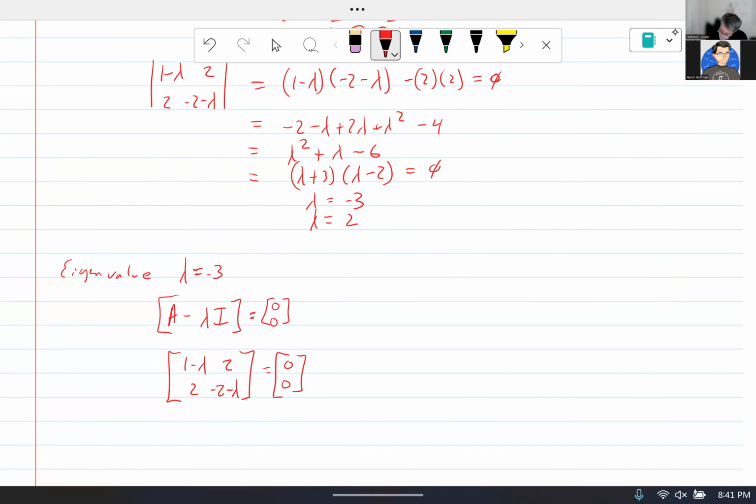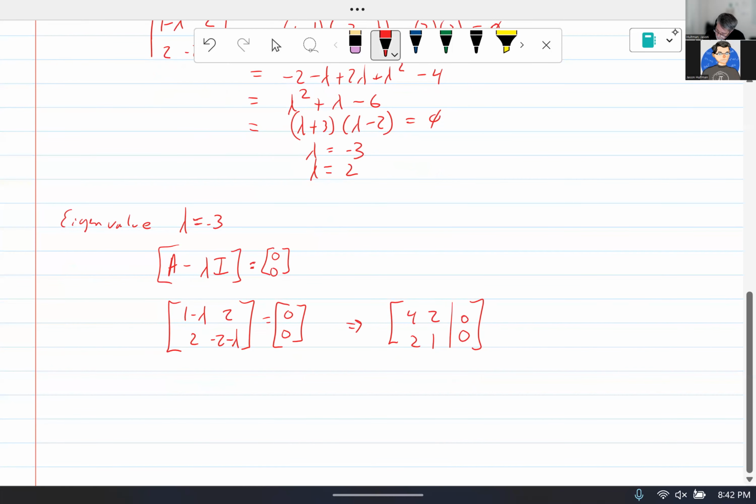I can turn this into an augmented matrix. Plug in my negative 3, I get 4, 2, 2. And then this is negative 2 minus negative 3, which is plus 1, so this is 1. 0, 0, augmented matrix.